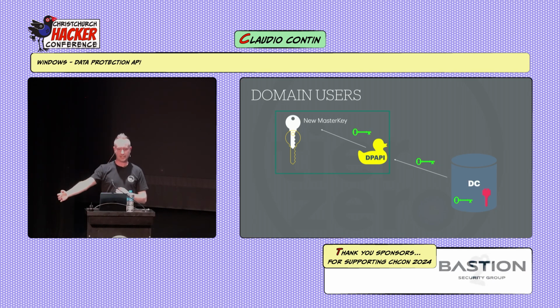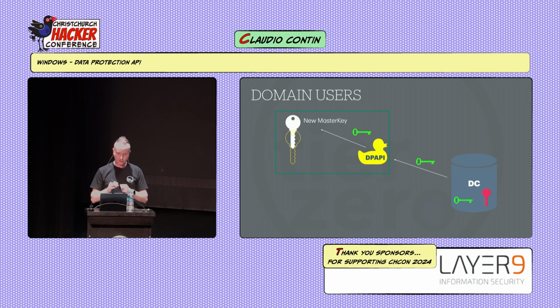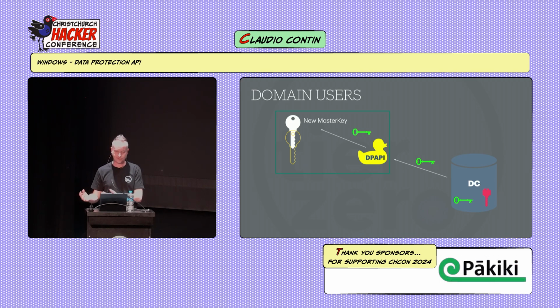The domain controller has its own private key, will be able to decrypt it, and send it back to the host to carry on with its own operation. The other difference is that the key is not actually encrypted with the password of the user, but in this case, with the NTLM hash of the user, which is the hash derived from the password.